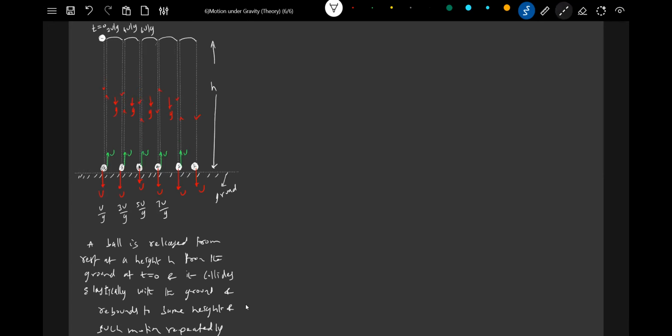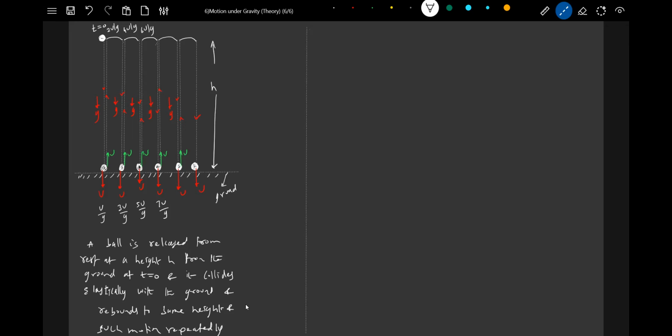Let's plot the graphs again. So first it will undergo here. It is released from rest.